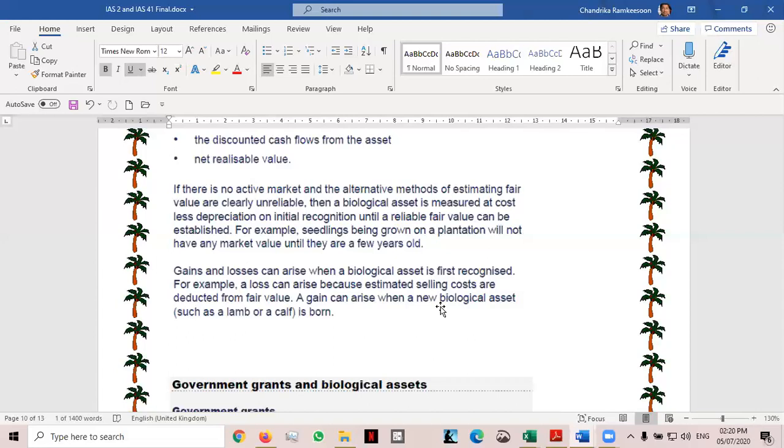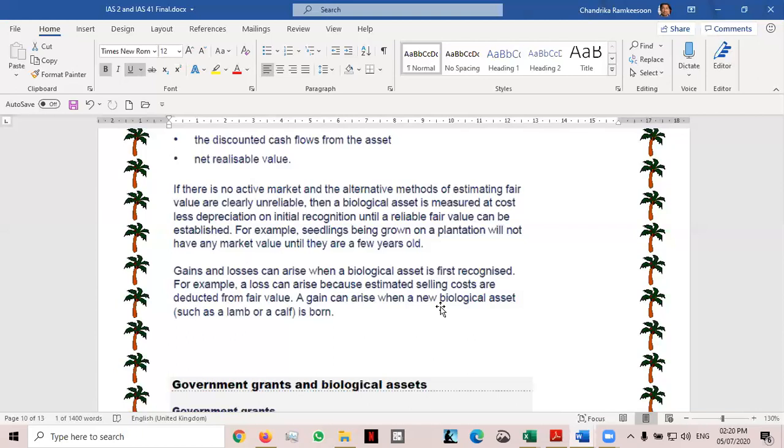Until that point is arrived at, it will be valued at cost less depreciation. But as long as a fair value can be determined, then that must be used. An example that might apply is seedlings being grown on a plantation, with no market value at all until they are a few years old.